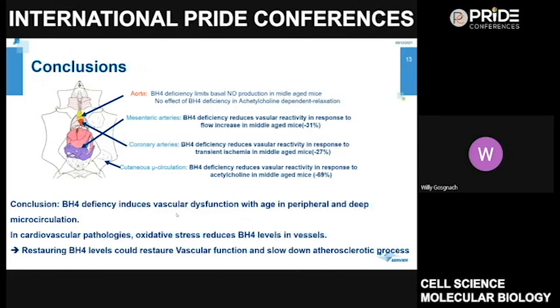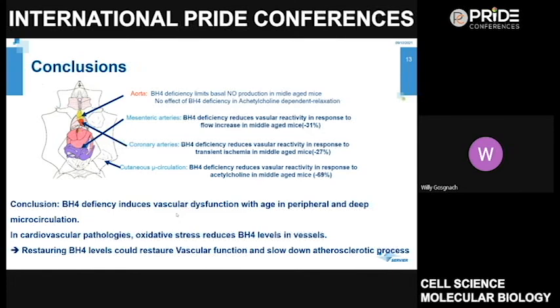But in the three other types of vessels, which are all resistance arteries, the BH4 deficiency in middle-aged animals induces a reduction of the vascular reactivity, and it seems that the smaller the vessels are, the bigger the vascular dysfunction is. In conclusion, the BH4 deficiency is able to induce a vascular dysfunction in aged animals, in peripheral and deep microcirculation.